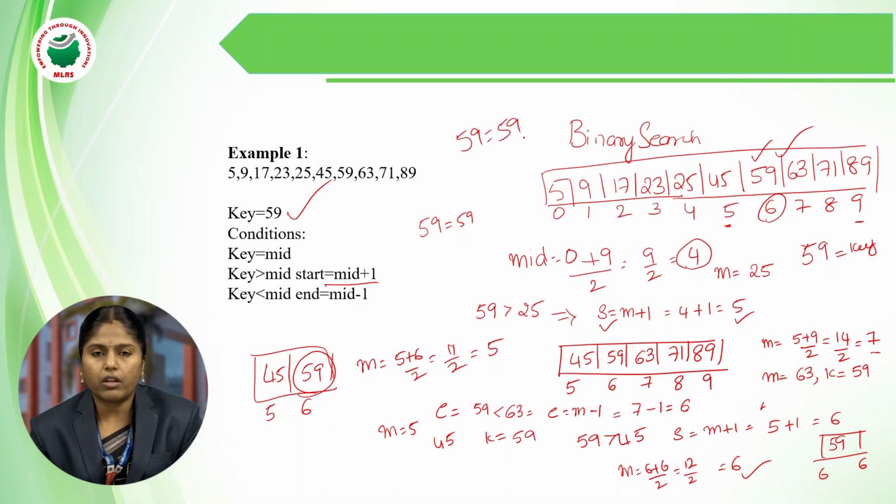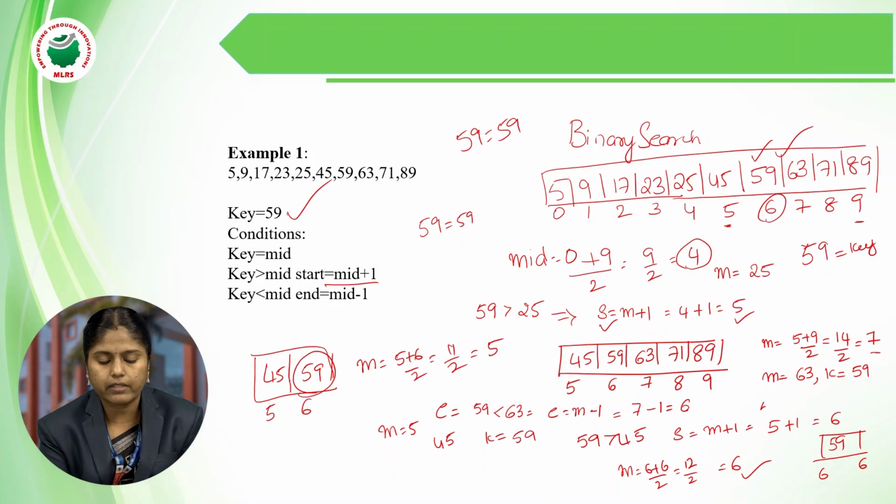Okay, this is how you calculate the key value through the binary search. In this, we start by taking the array. In that array, you calculate the mid value. After calculating the mid value, you check these conditions. If key is greater than mid, start is equal to mid plus 1.